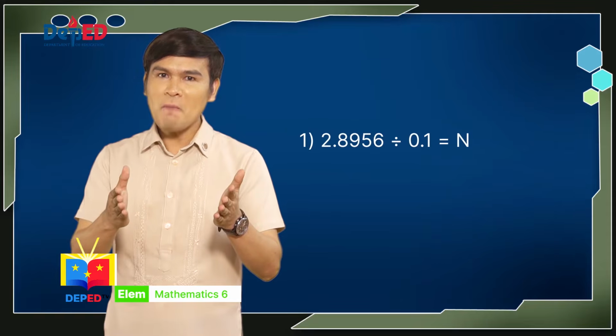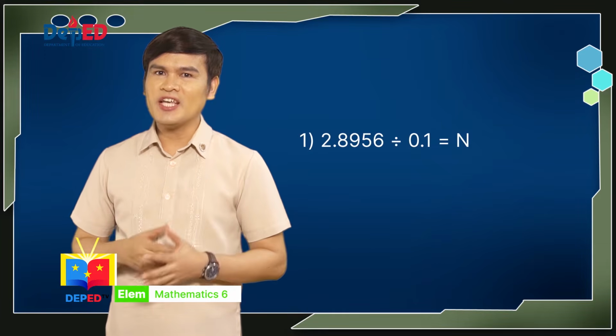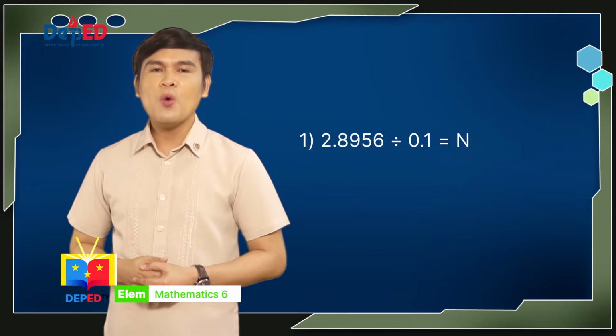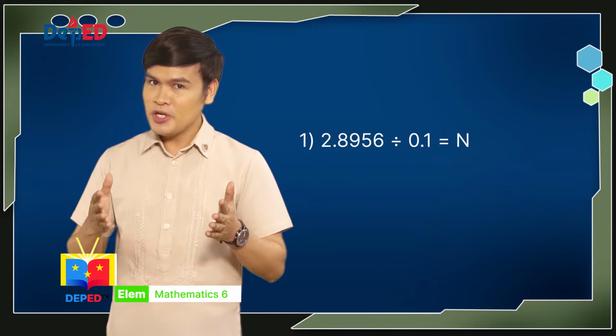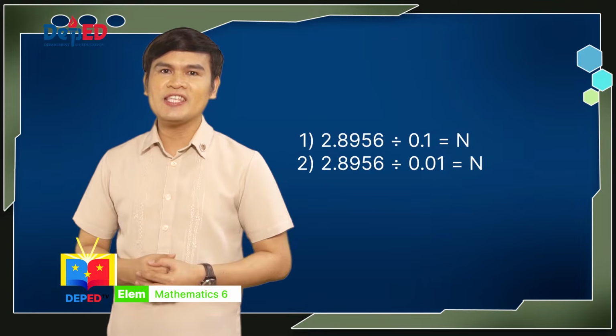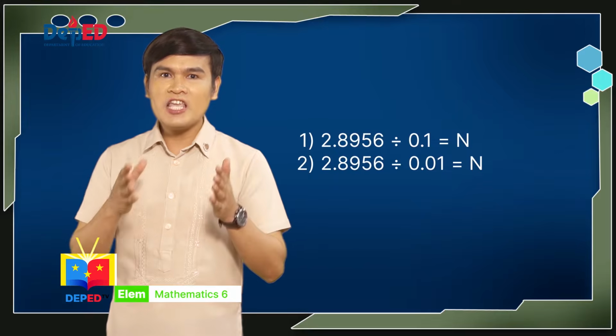Look at these examples. Number 1, 2n 8,956 10,000ths divided by 1/10 equals n. Number 2, 2n 8,956 10,000ths divided by 100th equals n.